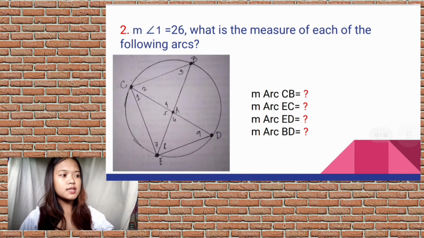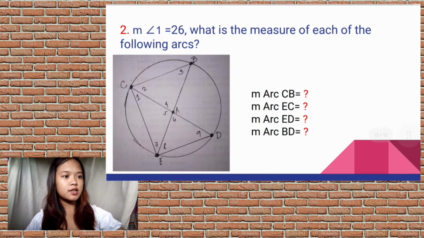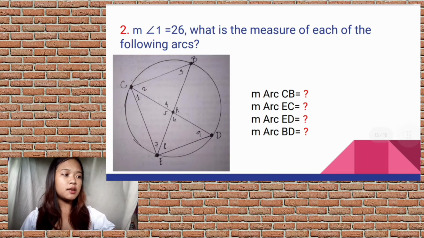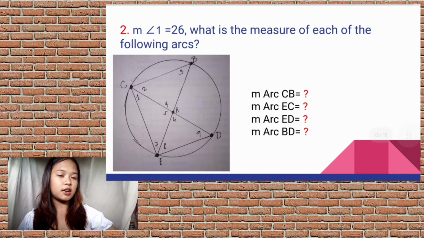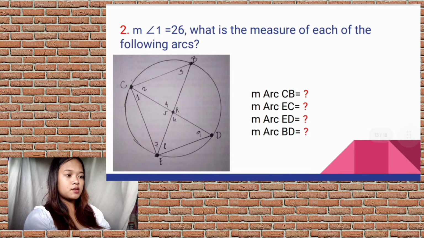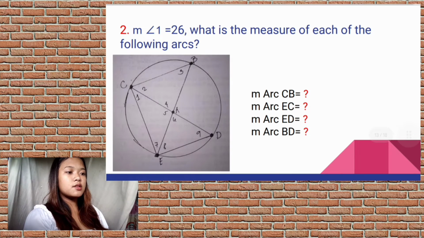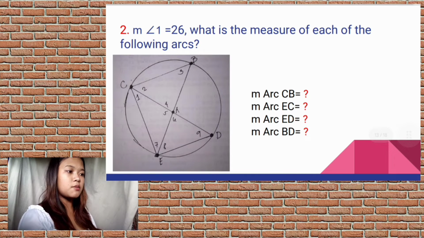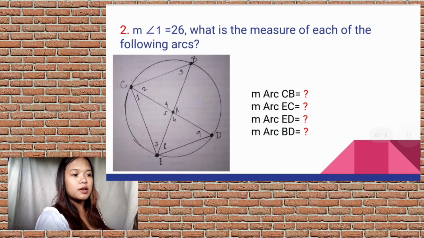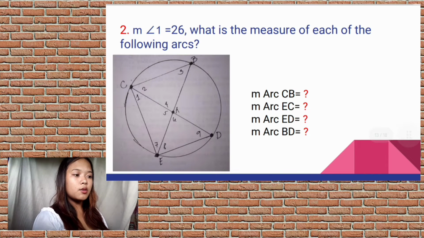So what is the measure of each of the following arcs? We are looking for arc CB, arc EC, arc ED, and arc BD. So the measure of angle 1 is equal to 26. So angle 7 has the same measure. Arc BD is equal to 128 degrees.